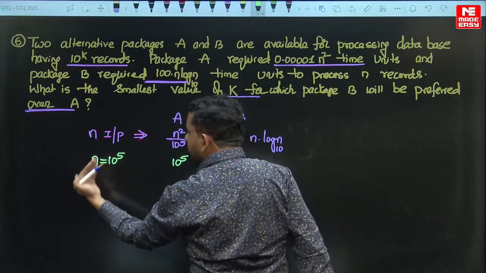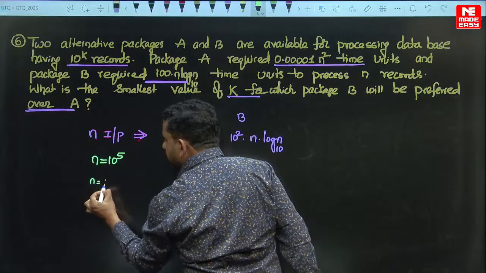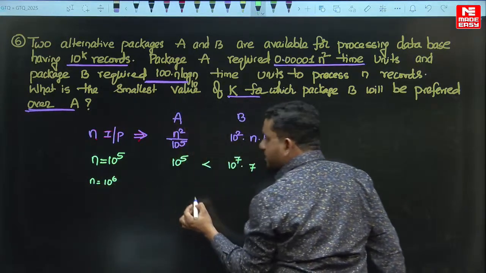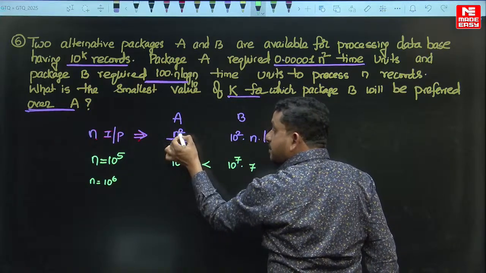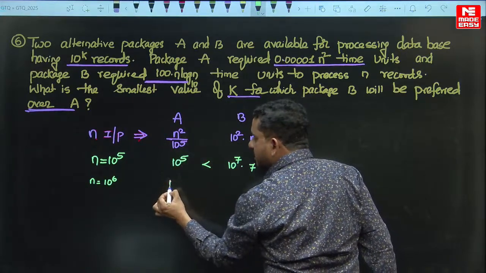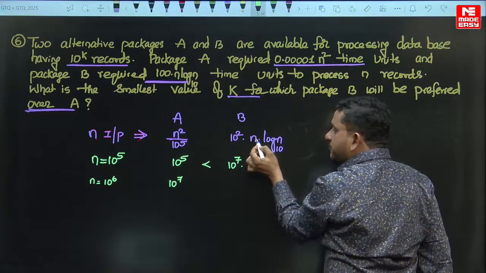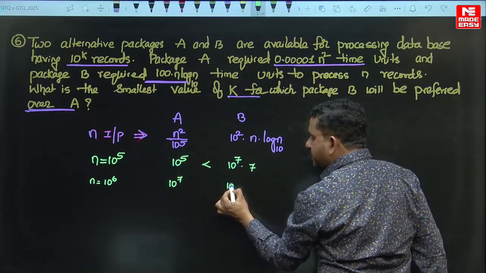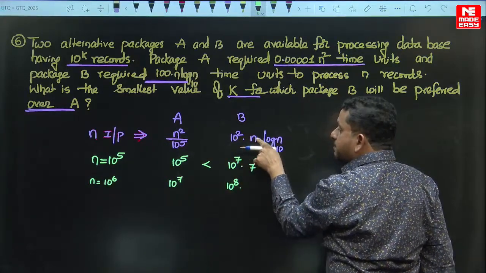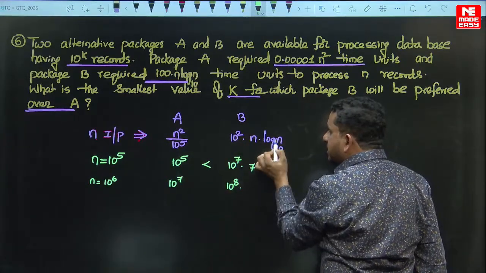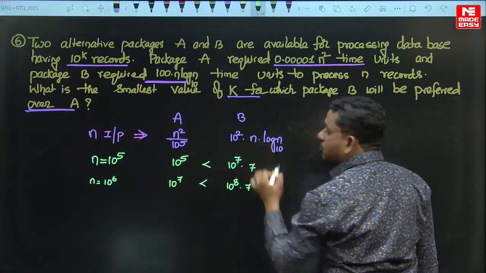That means the n value should be more than 10 power 5. If n equals 10 power 6, 10 power 6 whole square is 10 power 12, by 10 power 5 is 10 power 7. For B, 10 square multiplied with 10 power 6 is 10 power 8, multiplied with log 10 power 6 base 10, which is 6. Still package B is more costly.